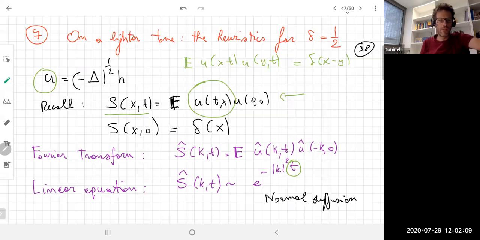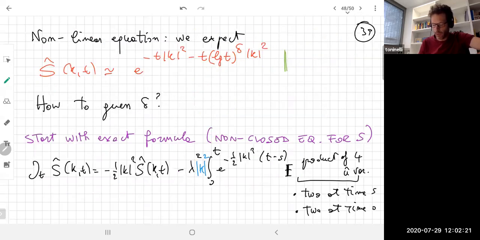So you just get the derivative of the equation for U, which contains a Laplacian, which contains a white noise, and which contains the nonlinearity. Okay, so you use the definition of the equation for U, and you get two terms. You get the term which is sort of diagonal, so you get d_t S hat(k,t) equals -1/2 k squared S hat(k,t).